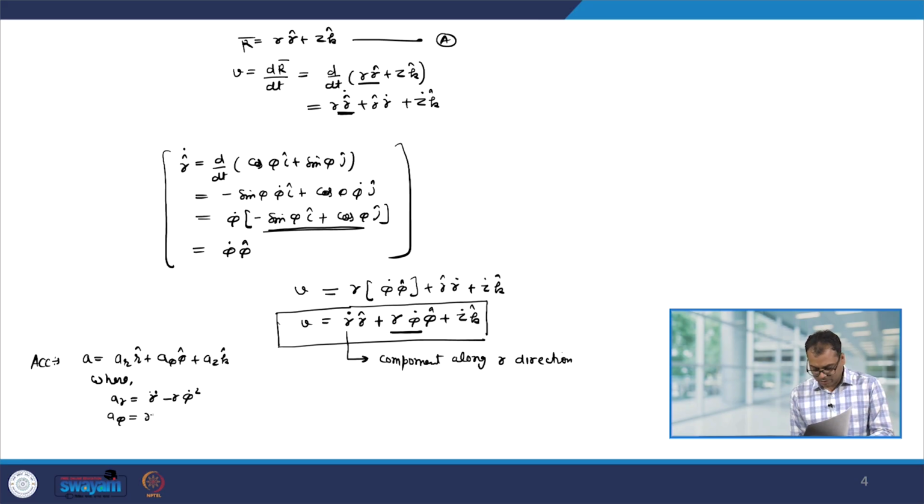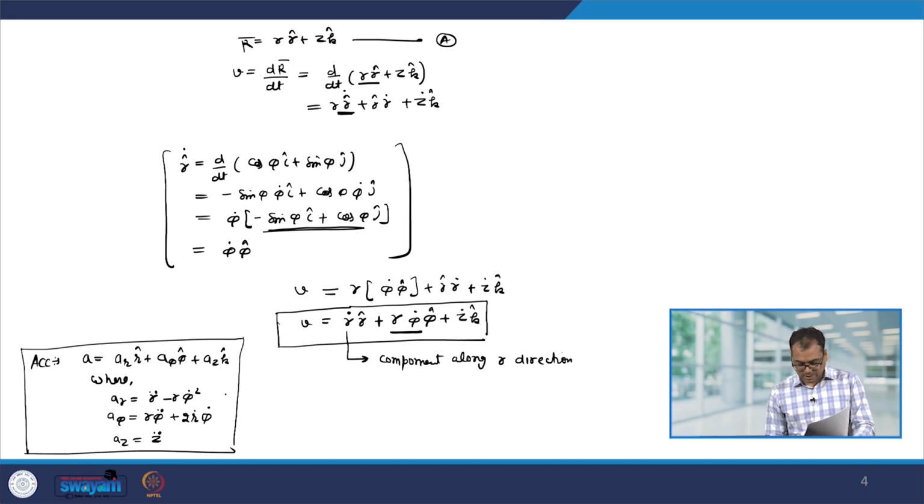A phi will be r phi double dot plus 2 r dot phi dot, and A z equal to z double dot. Okay. So, this is the component along the r direction. This is the component of the acceleration along the phi direction, and of course, this is the component of the acceleration along the z direction.